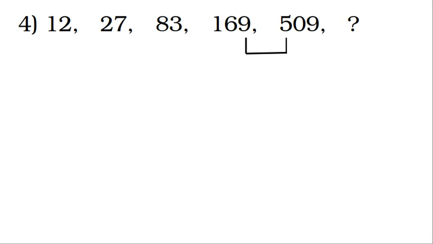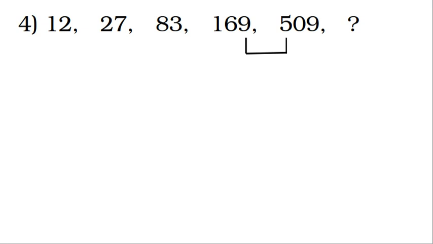Now 169 and 509. Let us go with an approximate value. 169, let us consider it as 170, and instead of 509, let us go with 510. 170 times 3 is 510.